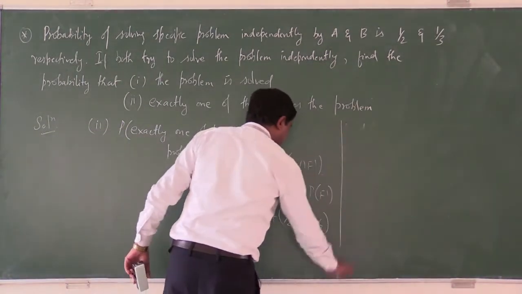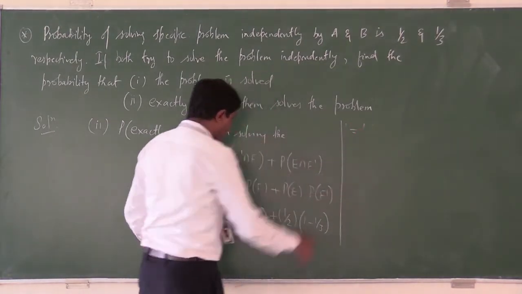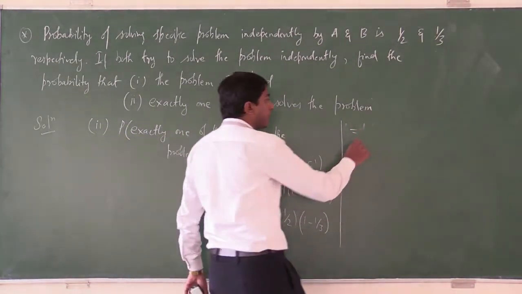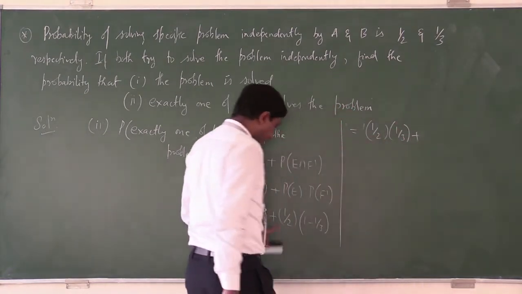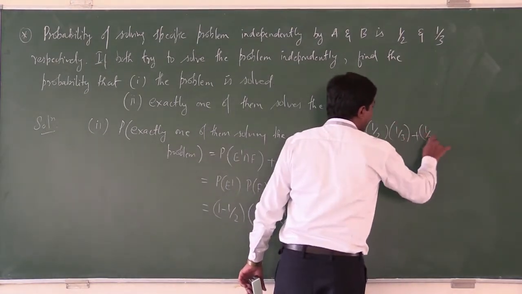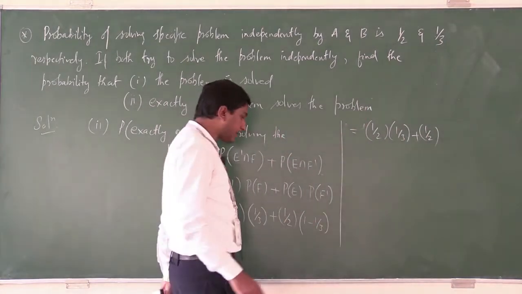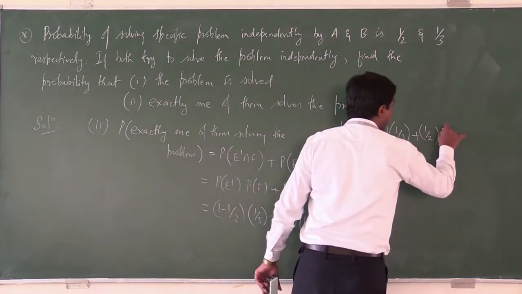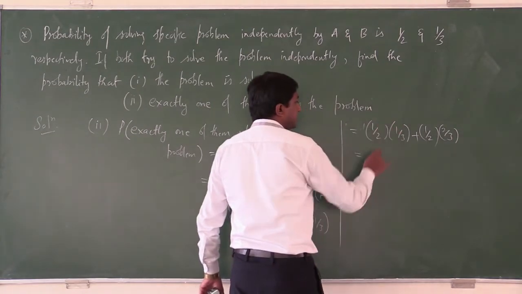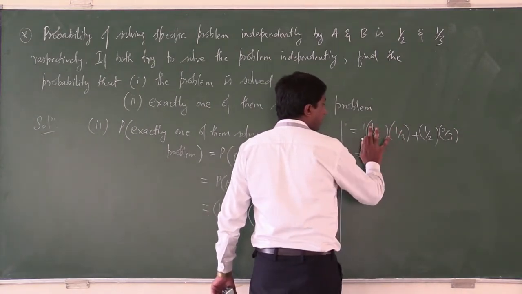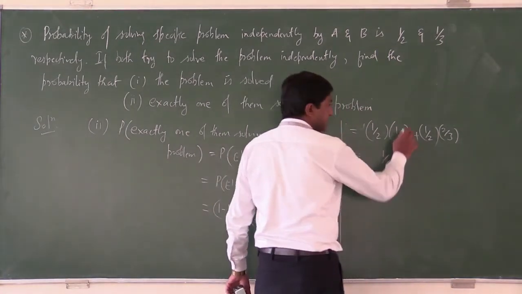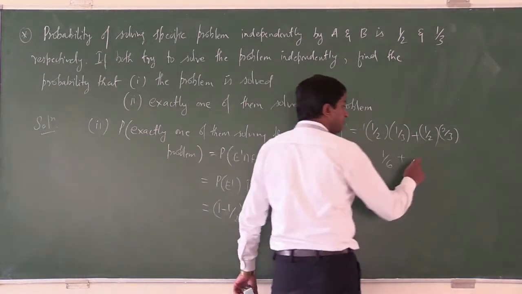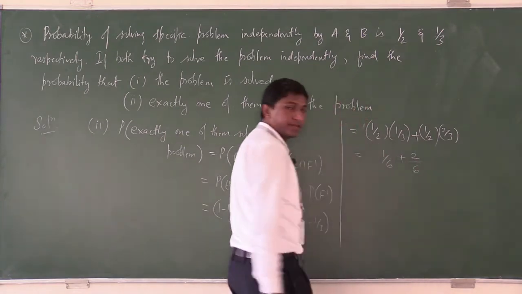On further simplifying this, what do we get? 1 minus 1 by 2 is 1 by 2, into 1 by 3, plus 1 by 2 into 1 minus 1 by 3, we get it as 2 by 3. Okay, we'll simplify this. So what do we get? 1 by 2 into 1 by 3 is 1 by 6, plus 1 by 2 into 2 by 3, we get it as 2 by 6.